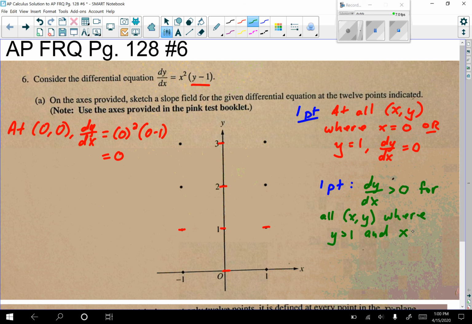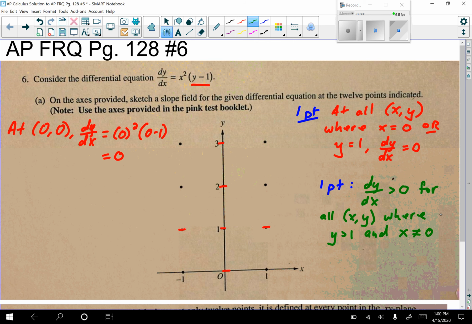So we have to say where x is not equal to 0. A few of you that turned this in, I pointed out for part B, you did mention where y is greater than 1, but we also have to indicate something about the x values here, and that's where x is not equal to 0.